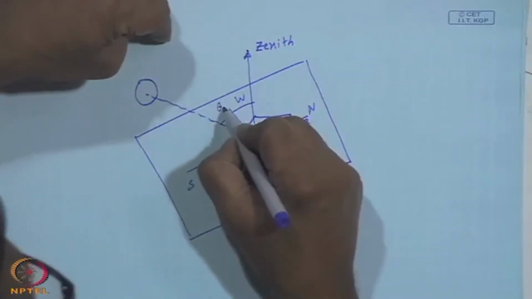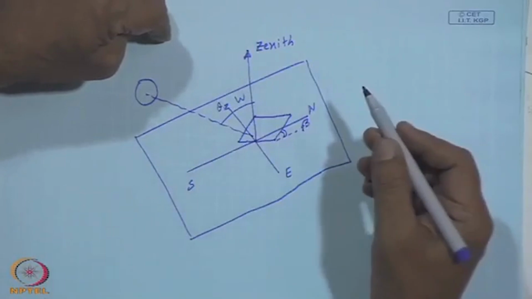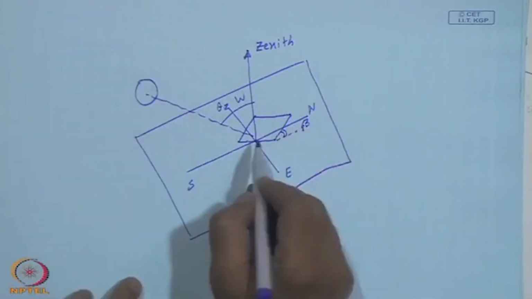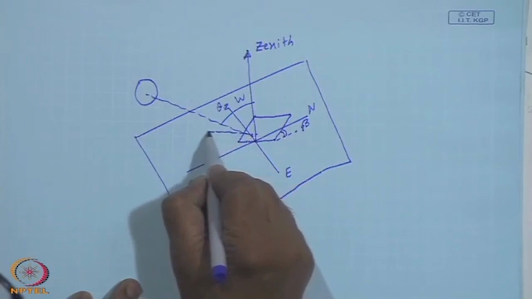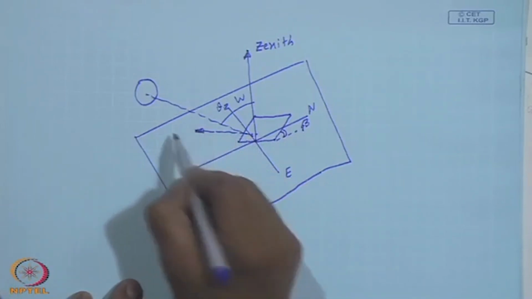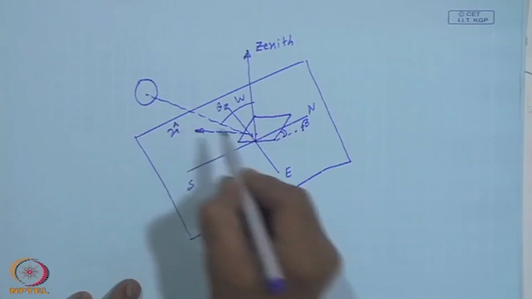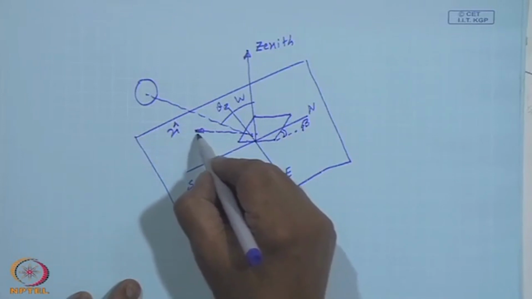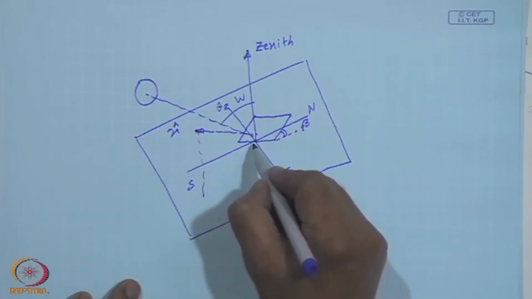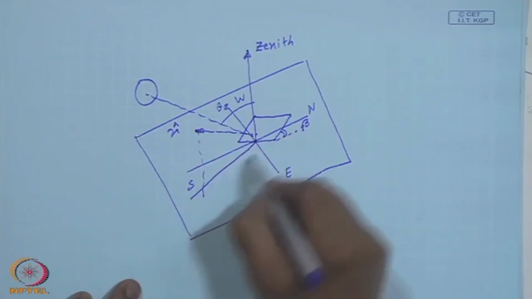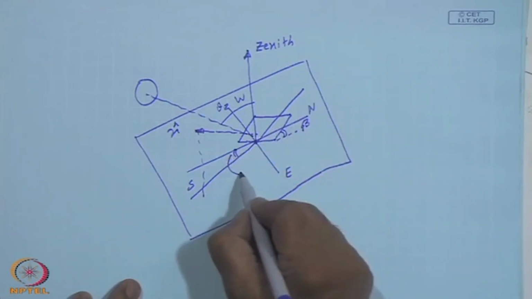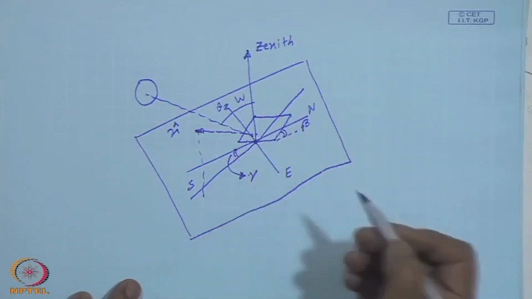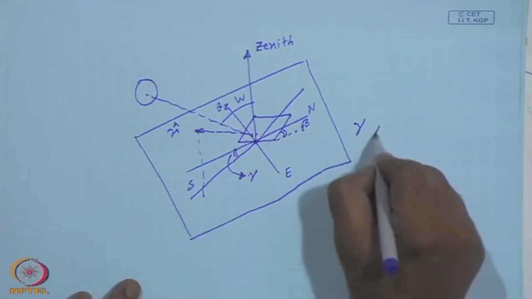Oh, sorry, this is theta z with respect to the zenith, and I take this outer normal to the surface and make a projection of that, this is so called gamma or the azimuthal angle.